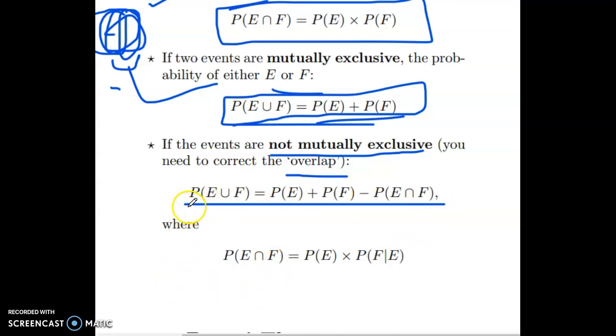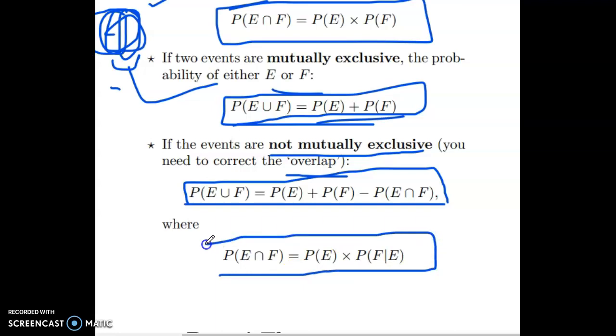So here P of E union F is equal to P of E plus P of F minus P of E and F. P of E and F is equal to P of E times P of F given E, that is probability of F given E.